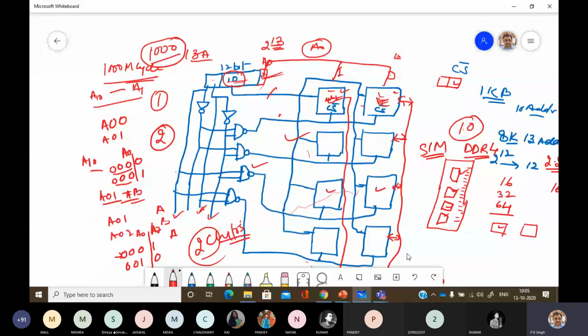Okay, BHE means bus high enable. If you see, this bus is called the higher order bus and this is called the lower order bus. Okay, so it will say BHE, it is activated with negative logic.